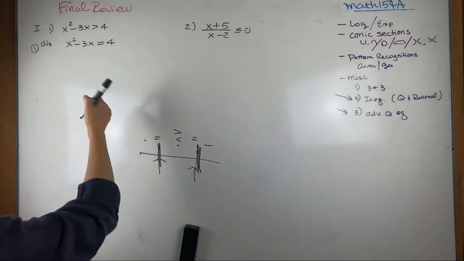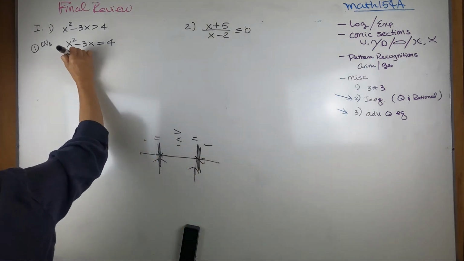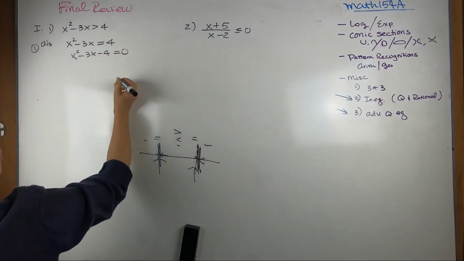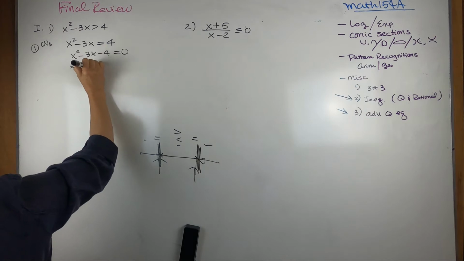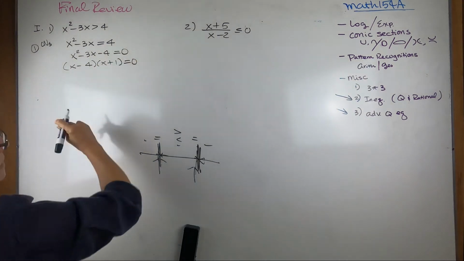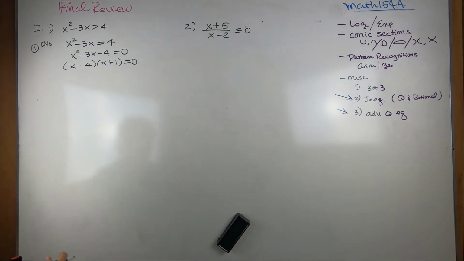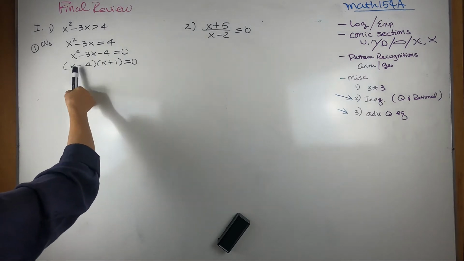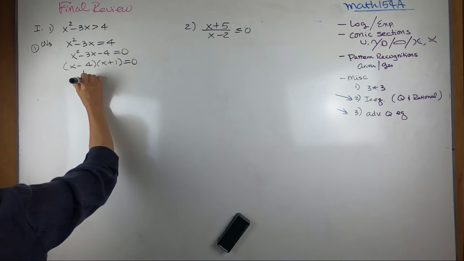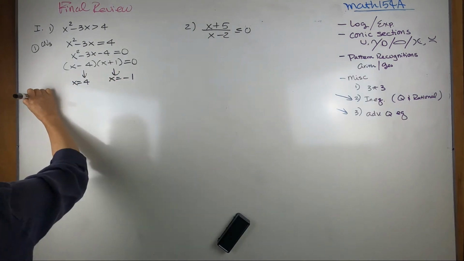Write an equation, then find the critical numbers. So it's quadratic. Write it in standard form, then you factor it, right? You need to know how to factor it by now. So, right, multiply together -4, add together -3. And so you have 2 critical numbers, right?